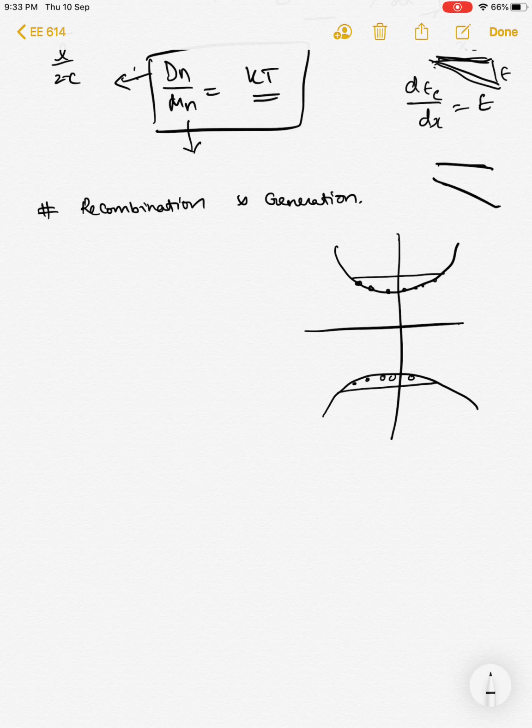At 0 Kelvin, there are no electrons in the conduction band and the whole valence band is filled for a semiconductor. So we saw how the electrons in the conduction band are filled.